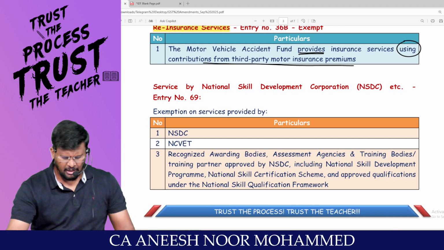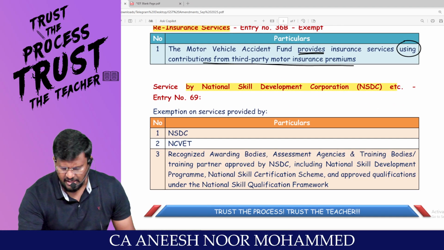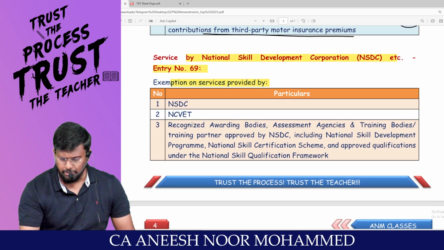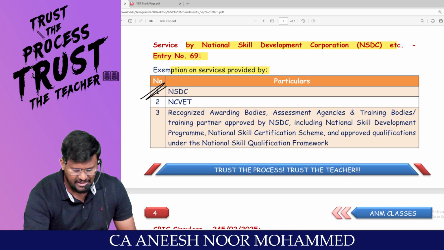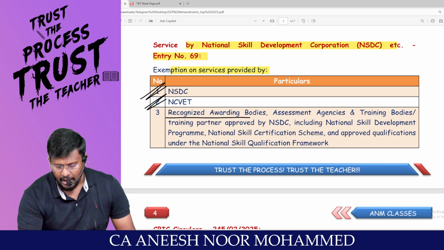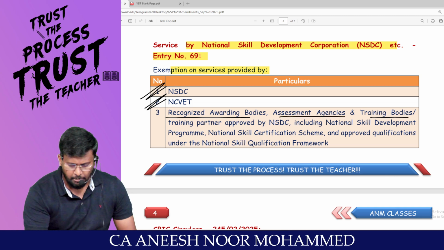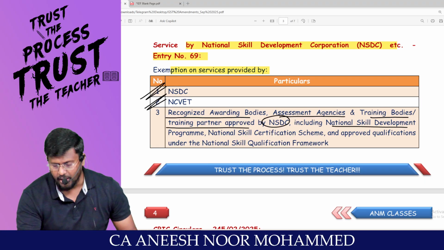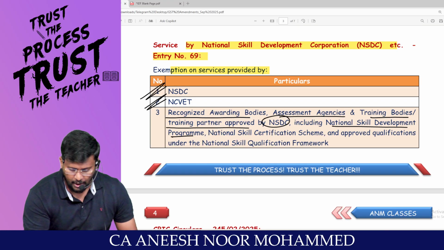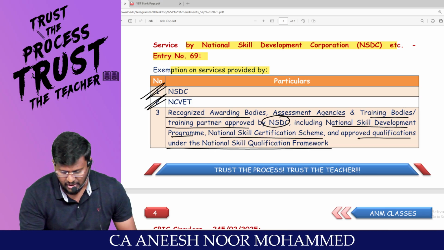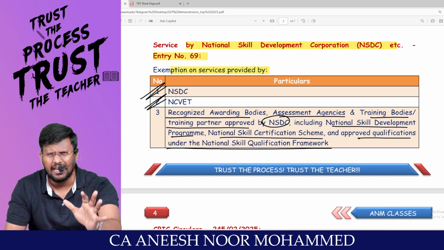Easy. Services by NSDC, sir, etc. This is an educational related exemption. Services provided by NSDC, NCVET or a recognized awarding body, assessment agency, training body, training partner approved by NSDC, including the National Skill Development Program, National Skill Certification Scheme, and approved qualification under the National Skill Qualification Framework are exempt from GST.